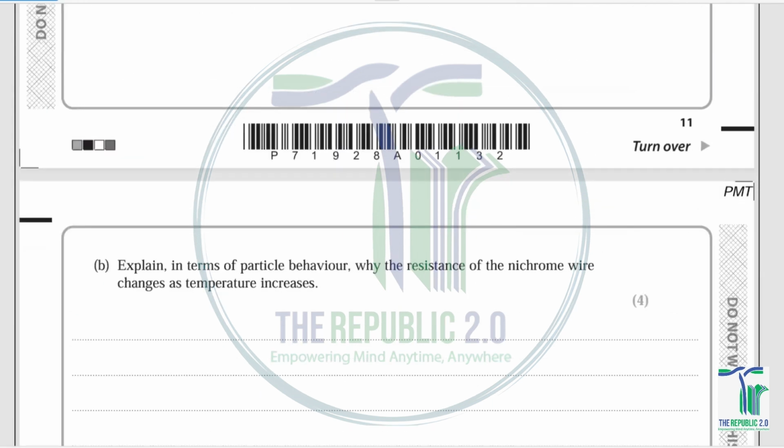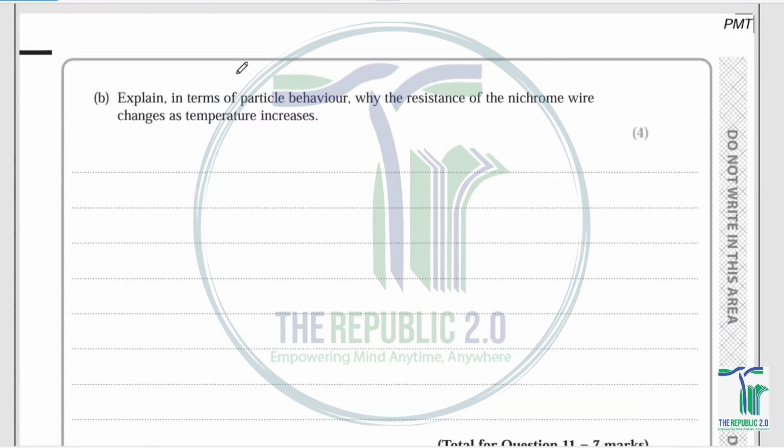Now, in this B part, explain in terms of particle behavior why the resistance of the nichrome wire changes as the temperature changes.